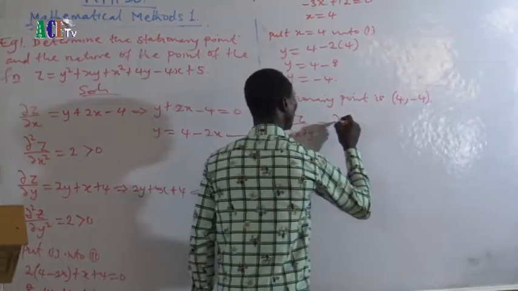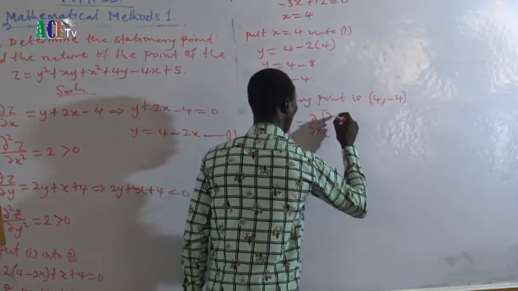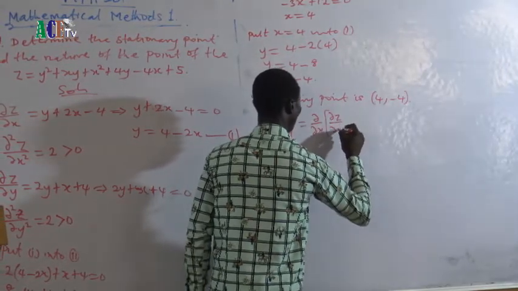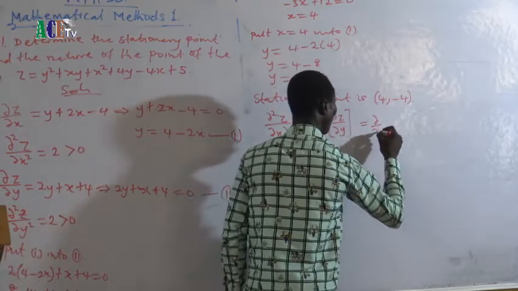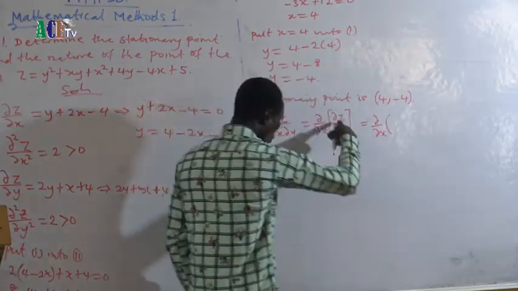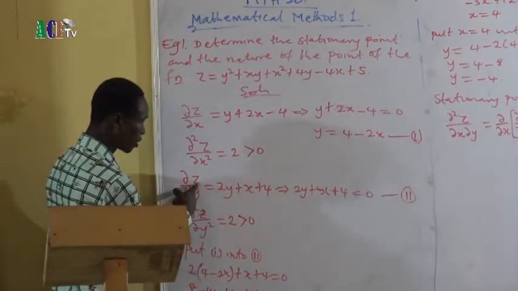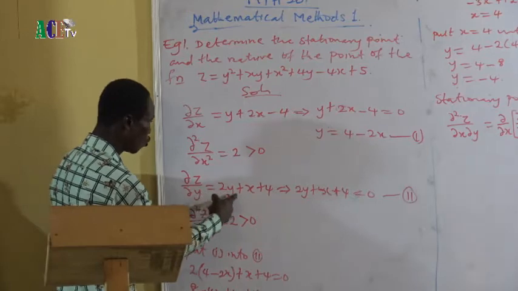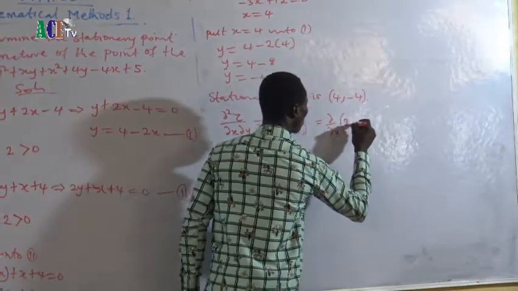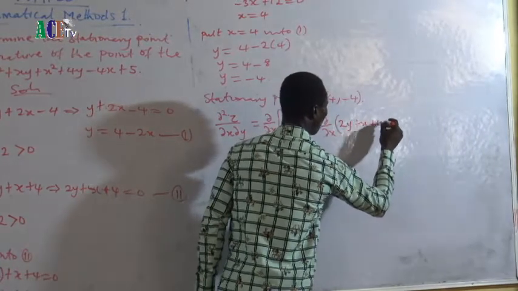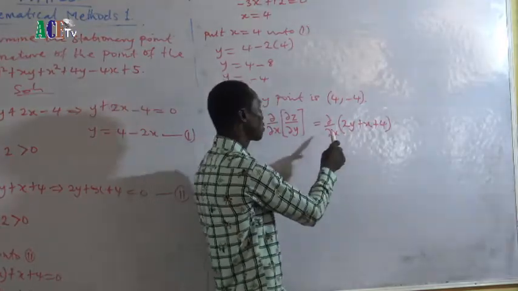It means the derivative with respect to x of dz by dy. Can you see? dz by dy is 2y plus x plus 4. I will now differentiate this function with respect to x.